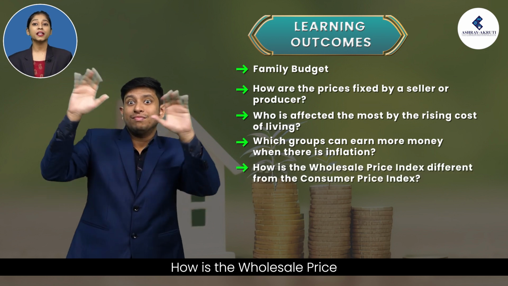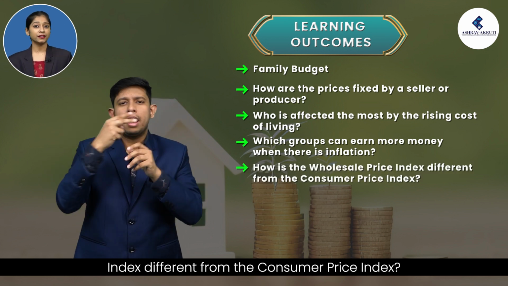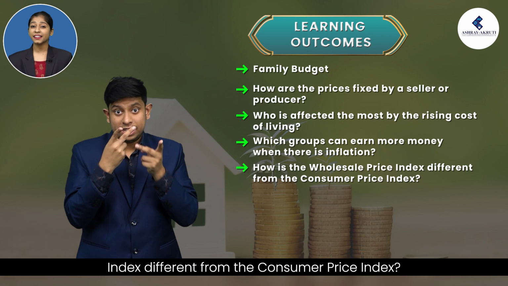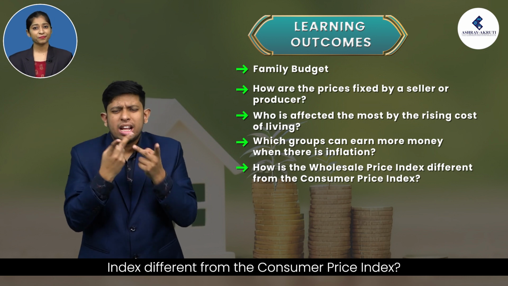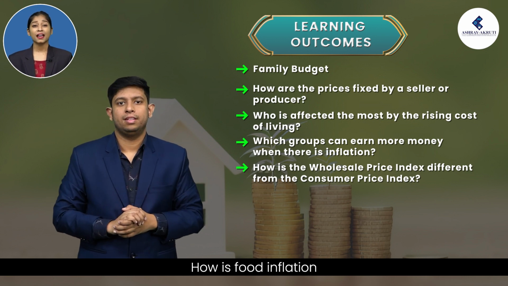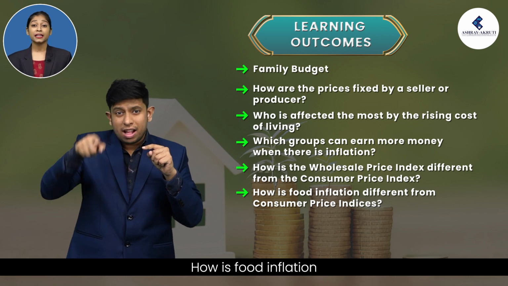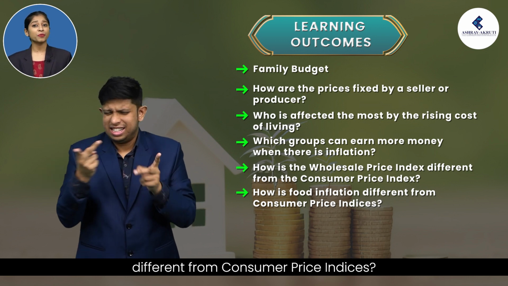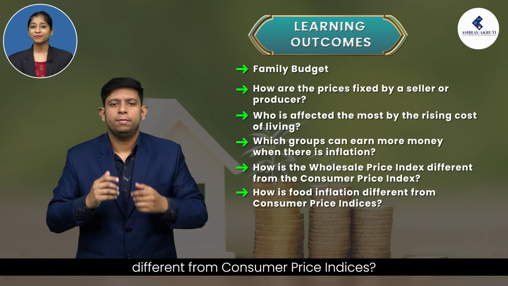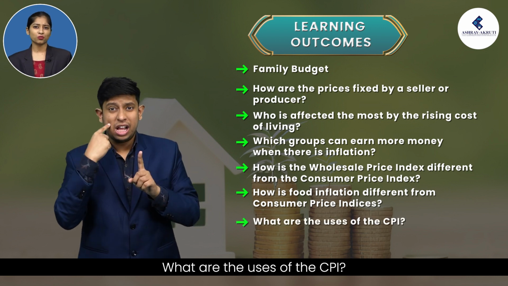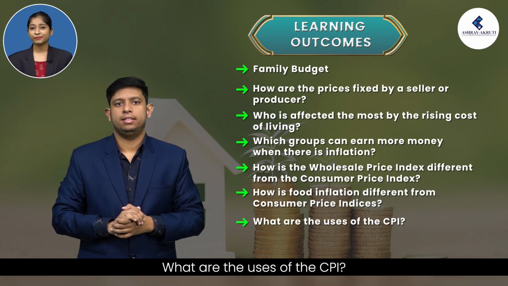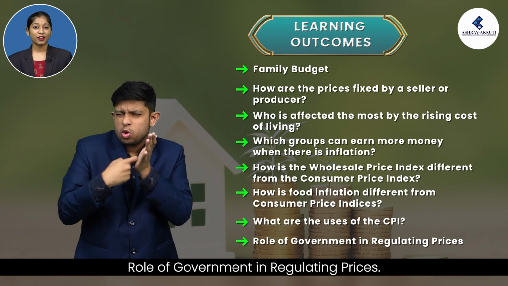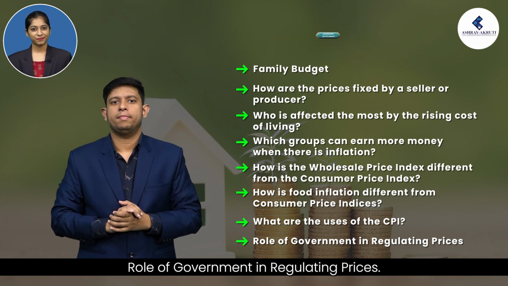How is the wholesale price index different from the consumer price index? How is food inflation different from consumer price indices? What are the uses of the CPI? Role of government in regulating prices.